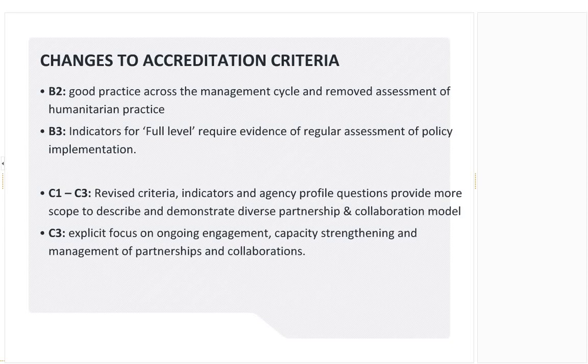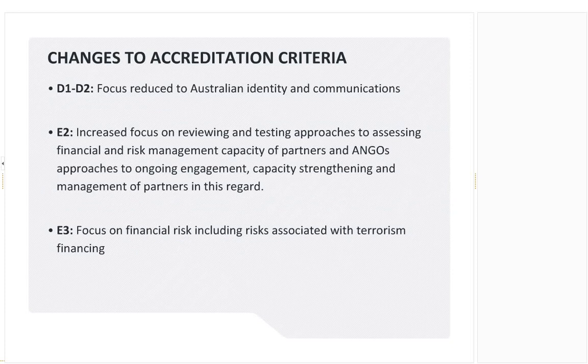In criterion D, this actually had 3 criteria in the past, so it has been reduced by 1. In the past, section D also looked at the organisation's capacity to continue and maintain community support, and that's been removed because it's considered that that's already tested in the IDE assessment.